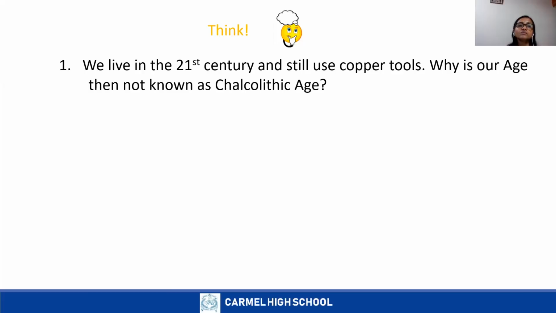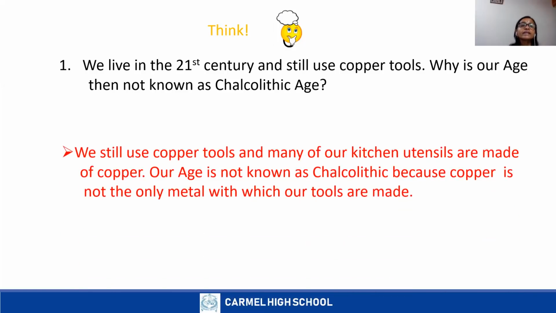But we use other metals also. Let us see the answer. Read the answer. Yes, we still use copper tools and many of our kitchen utensils are made of copper. Our age is not known as Chalcolithic because copper is not the only metal with which our tools are made.